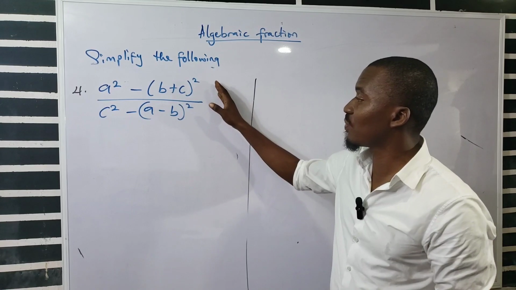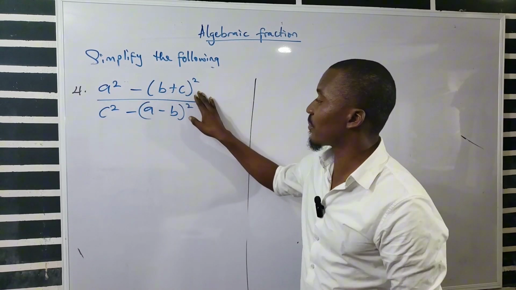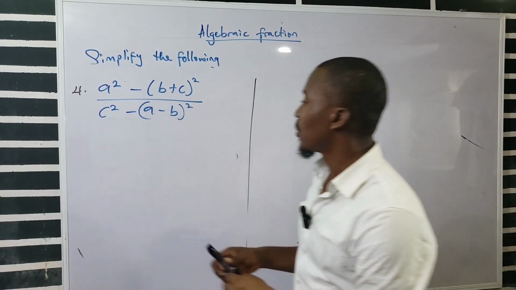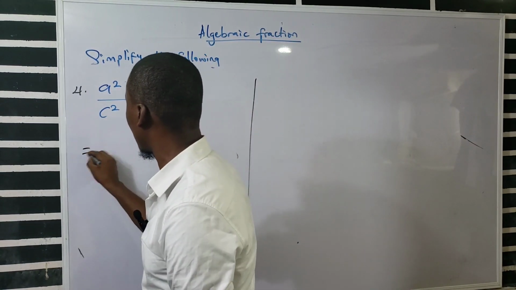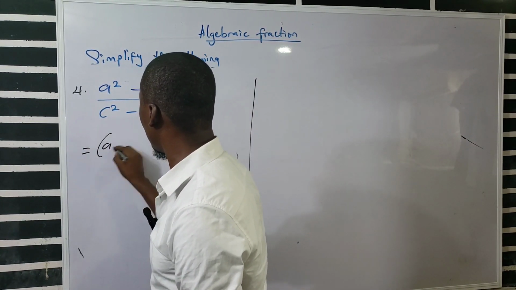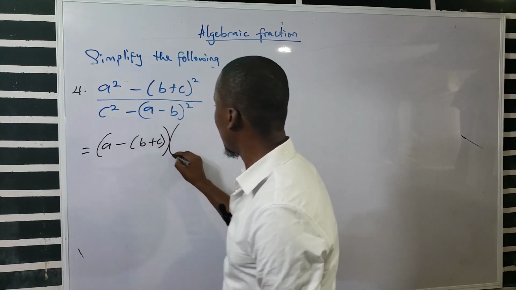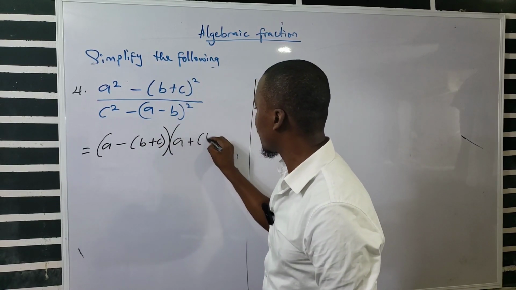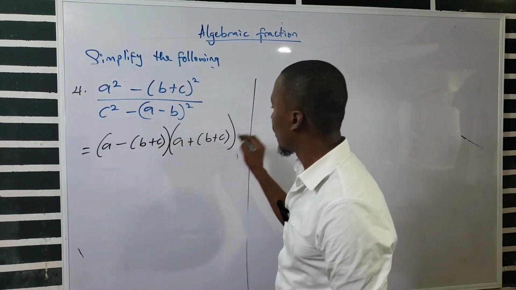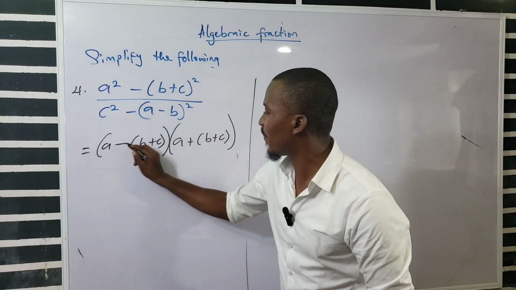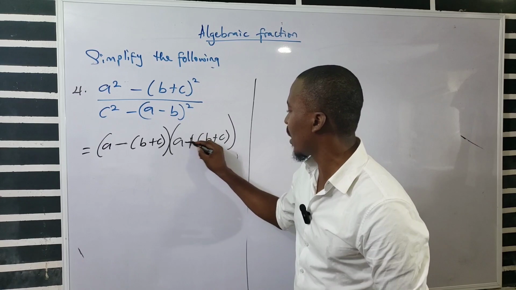It does not make it not to be a difference of 2 squares. This is a difference of 2 squares, so we treat it as such. So that will give us a into a minus b plus c into a plus b plus c. So you can see where I have applied my difference of 2 squares.